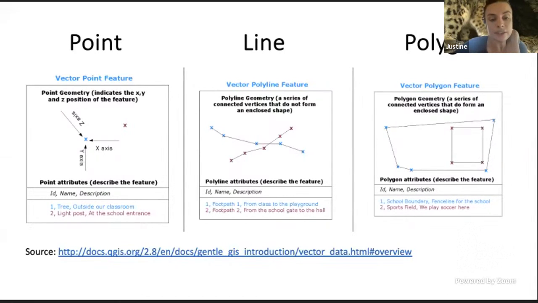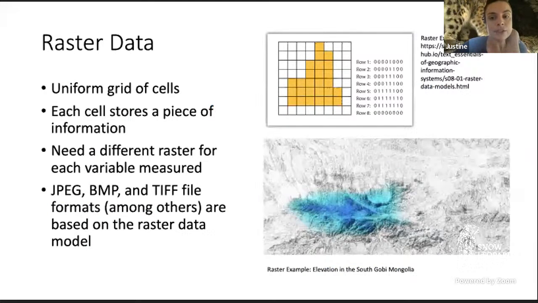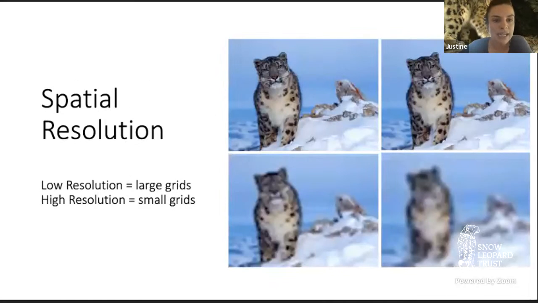So that's a vector. The second major data form is called raster data. It consists of rows and columns of equally sized pixels, interconnected by a planar surface. So I want you to take a moment, I'm just going to skip to the next slide, and take your favorite snow leopard picture. So perhaps it's this picture on the screen.